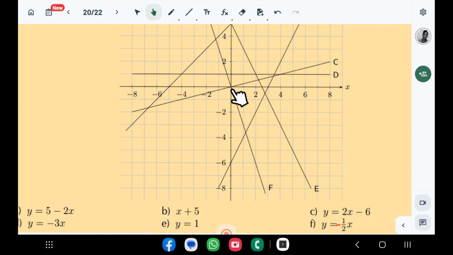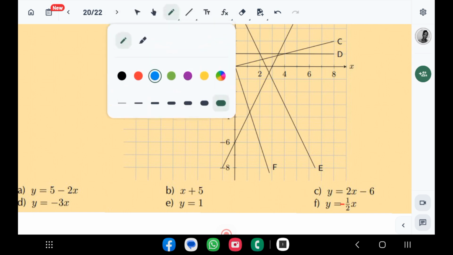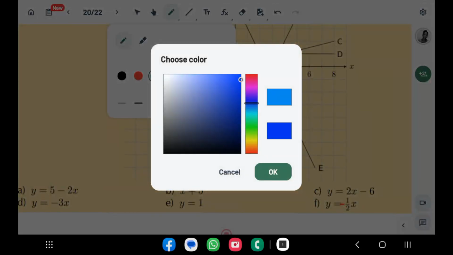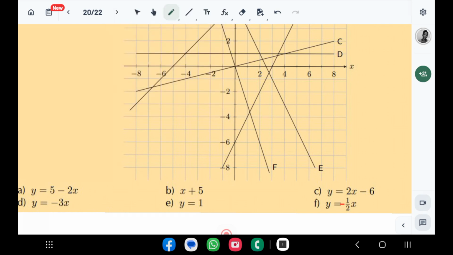F has got an intercept at 0. So F is negative there but with 0. So that is the graph. That is graph F. Let's see if we can connect this. So this is how we connect.